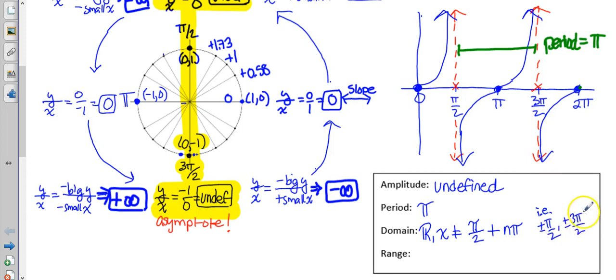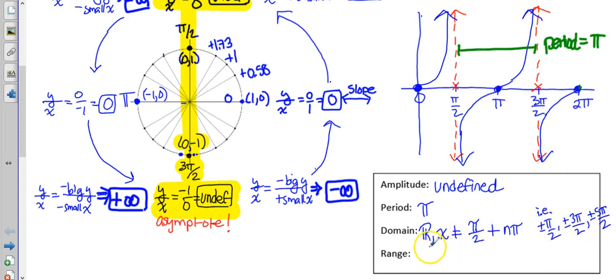Add another distance of pi. That would actually be plus or minus 5 pi over 2. So it does have kind of a cool pattern where it's all of the odd multiples of pi over 2, which makes sense because the even multiples of pi over 2, right, like 2 pi over 2 is pi, it's 0 there. 4 pi over 2, that's 2 pi. So whichever way it helps you to think about it.